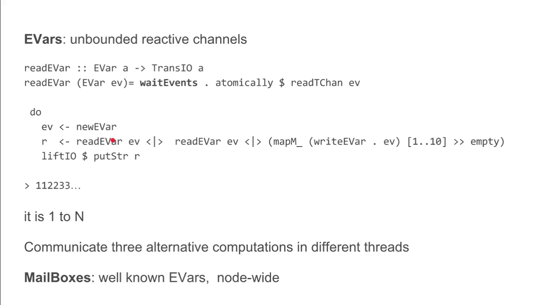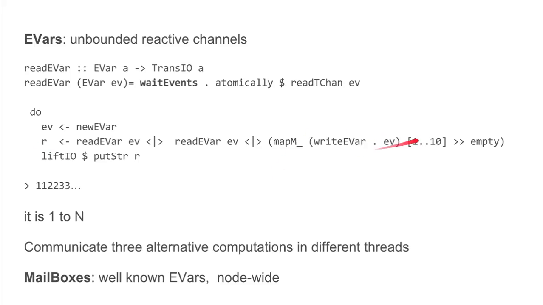If we have two alternative computations reading the evar and one third updating the evar with empty at the end, this computation will never return anything to the continuation.